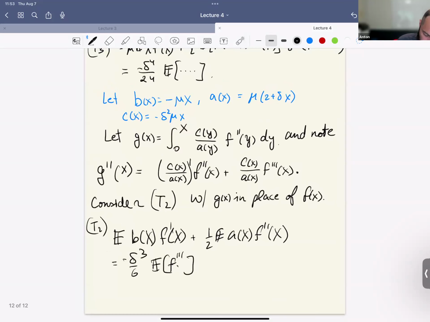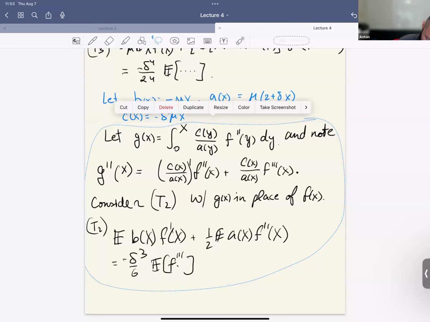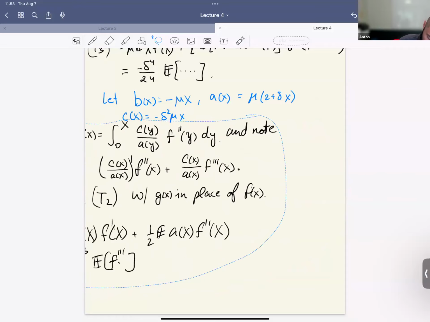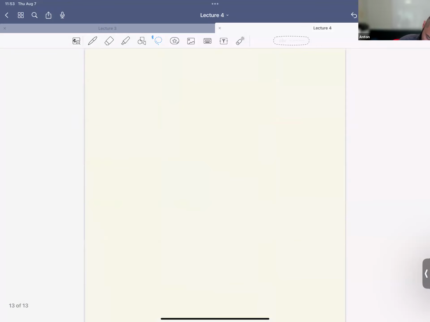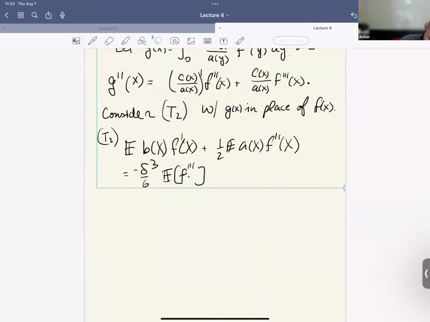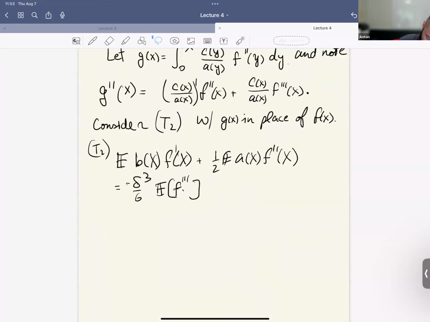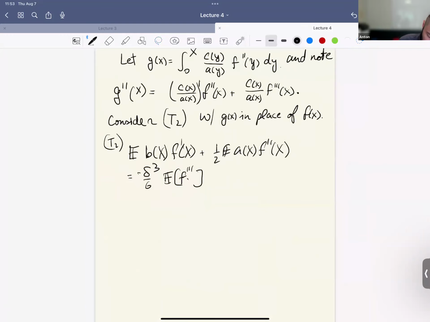Okay, now I take this to the next page. Okay, and I use g in place of f.